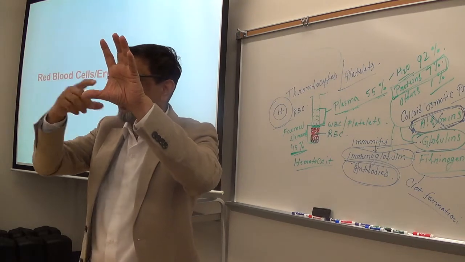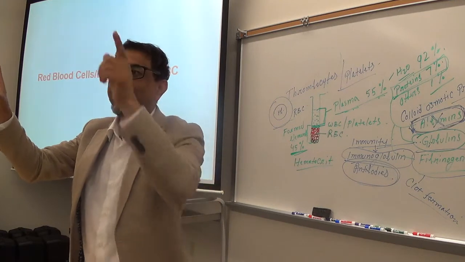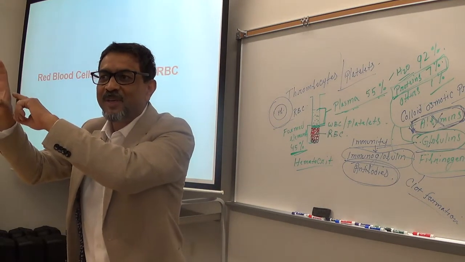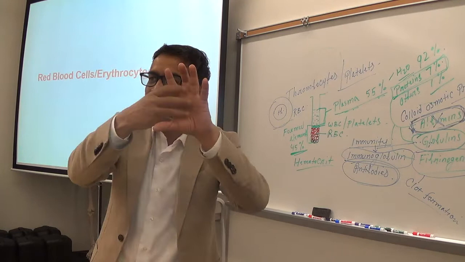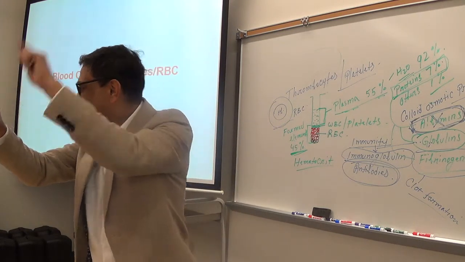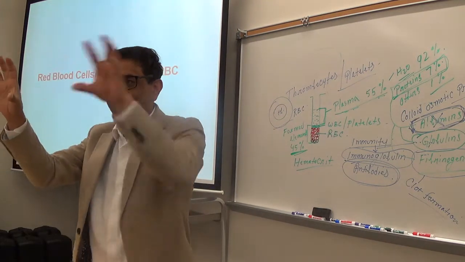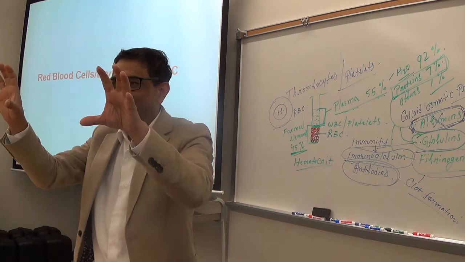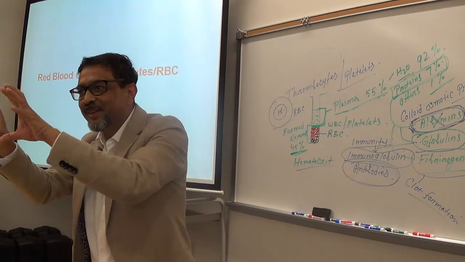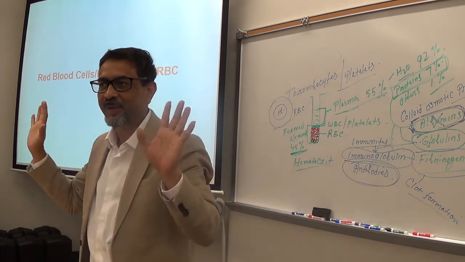Disappearance of what? Nucleus disappearance, right? And appearance of hemoglobin. This one has nucleus, no hemoglobin. The mature one has no nucleus, but hemoglobin. So to go from here to here, changes should be like what? Disappearance of nucleus, appearance of hemoglobin, right?